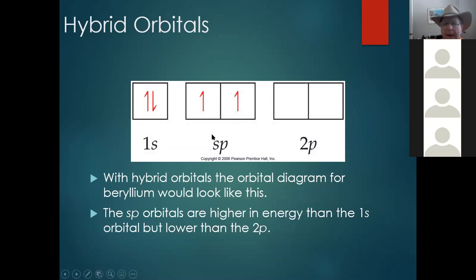So again, going back to the beryllium fluoride, the 2s orbital no longer exists. It's been hybridized with one of the p's. So I have 2 sp orbitals that are hybridized, but I still have the 2 p's that are there.